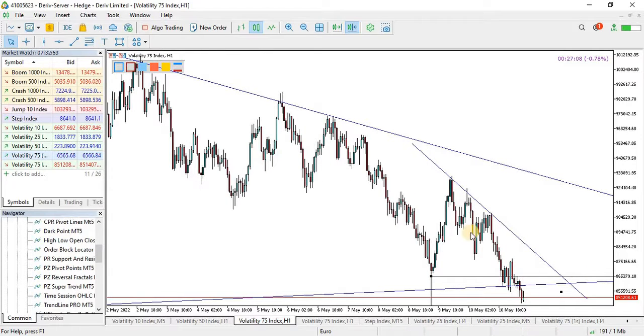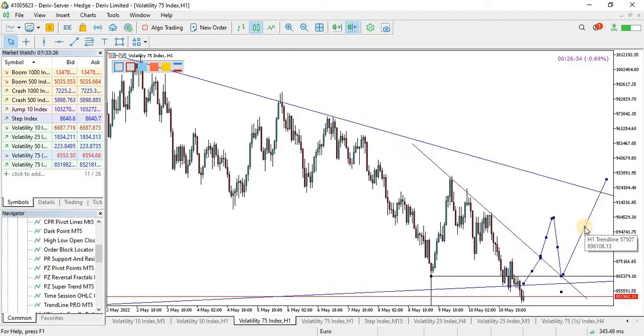So if the market comes up and creates something of this nature, bounces off here and breaks and retests this zone here, this mini counter trend, then we can take it for a buy, especially once it breaks the 4 hour counter trend line.